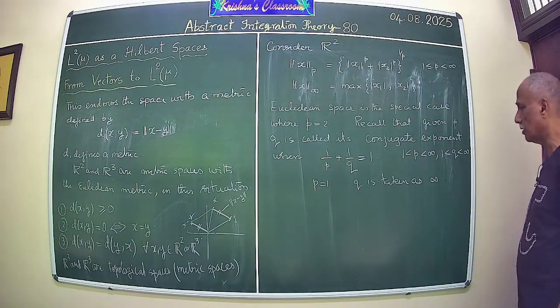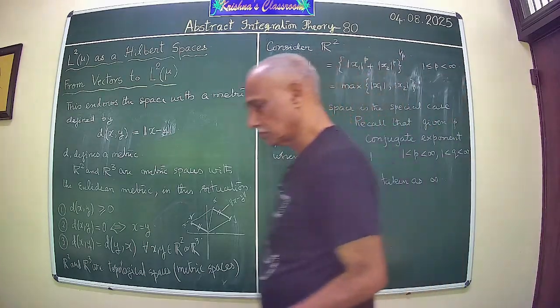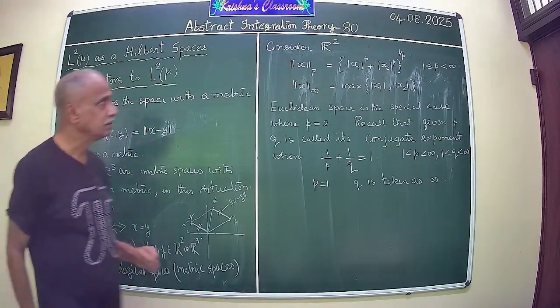So that takes care of P equal to 1, Q equal to infinity. These are what are called conjugate exponents.